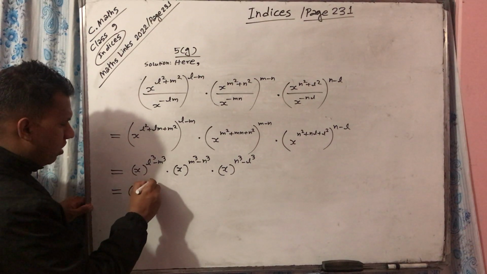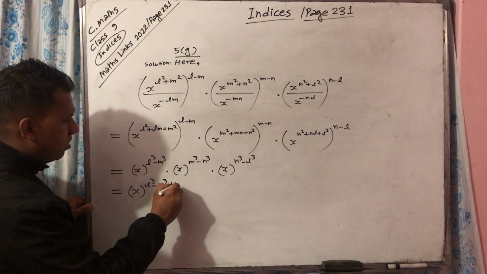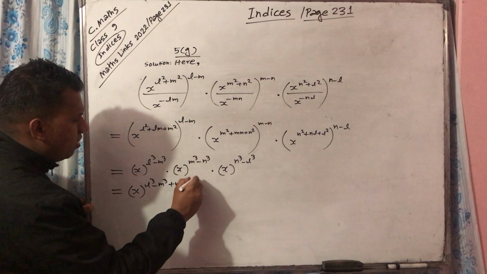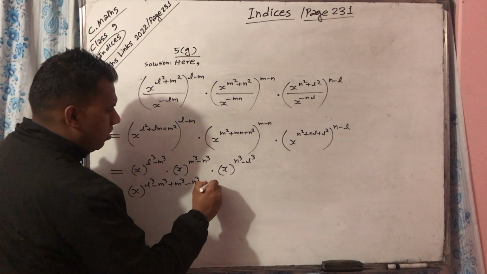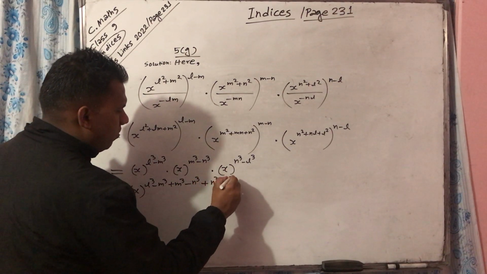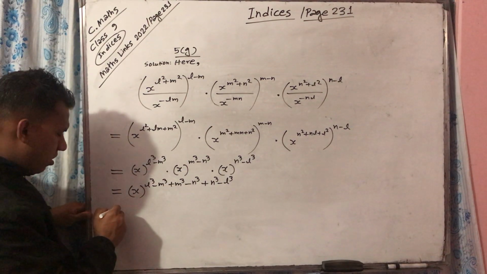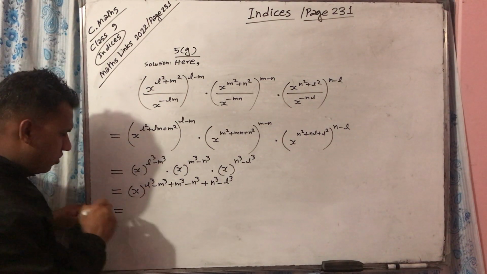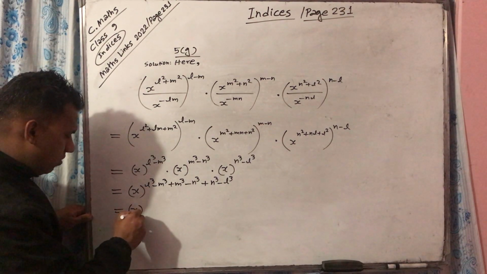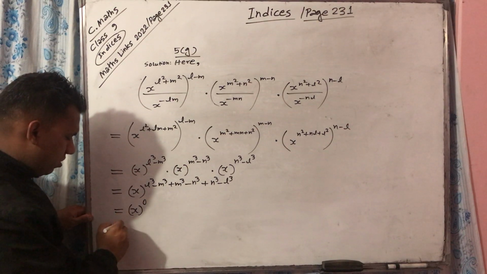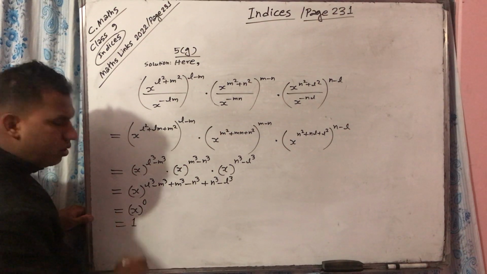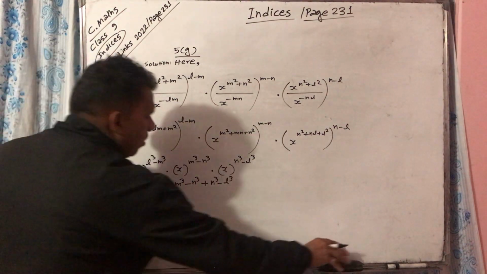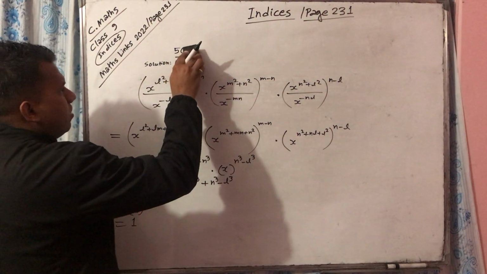So x to the power l cube minus m cube plus m cube minus n cube plus n cube minus l cube. The sum of the power becomes 0, so x to the power 0, which is equal to 1. Now we go to the next question, 5s.